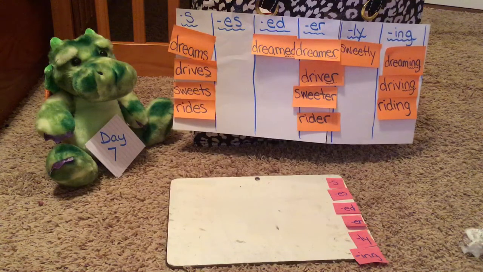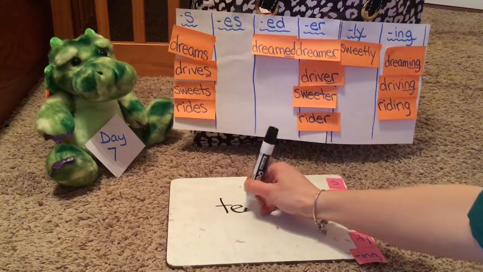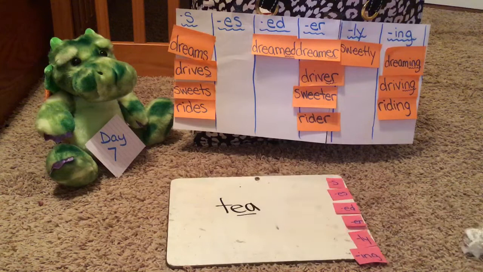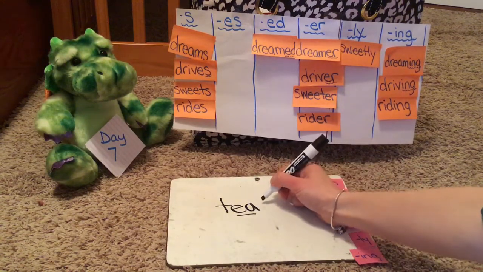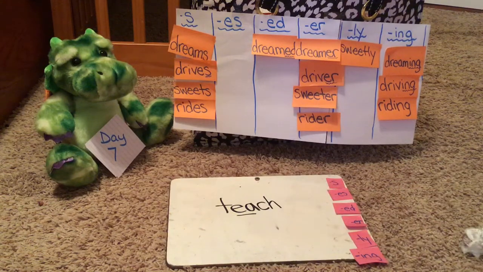Okay, I want you to work on the word teach. We're going to start with the base word teach. It's got that long E there with an EA, teach. Remember, ch is made with a CH, teach. All right, with this one, I want you to make this word teacher. So that's a person, like me. I'm a teacher.